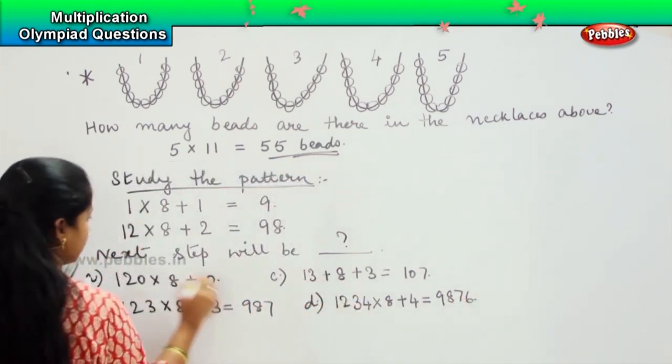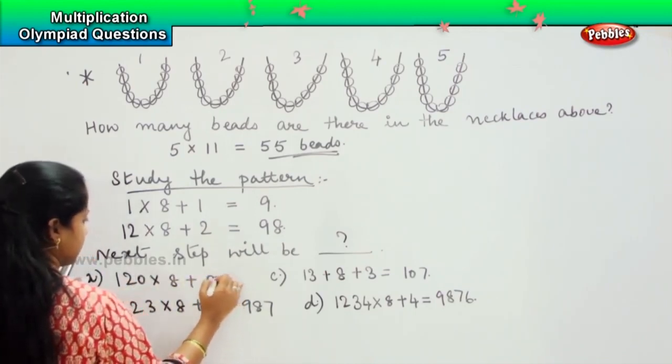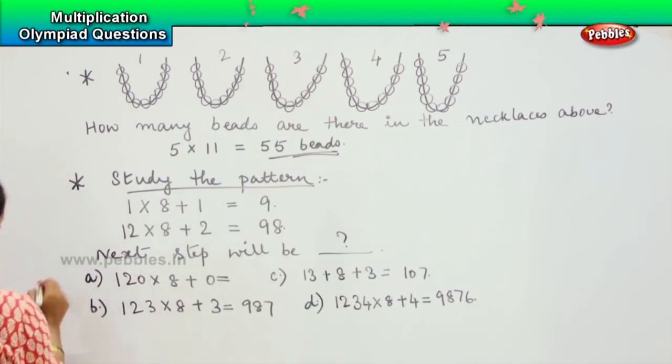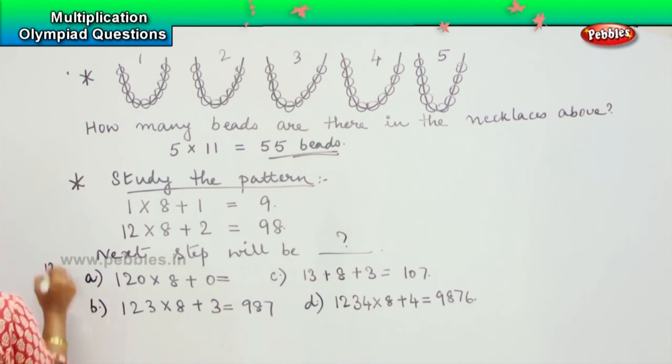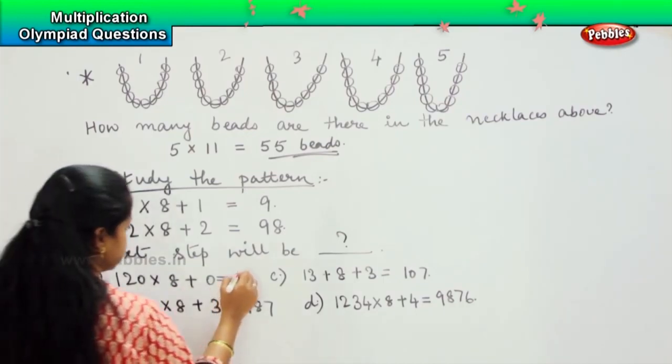Okay. So, shall we multiply this and see what is the answer? 120 into 8. So, 12 8s are how much? We'll multiply here and see. 12 into 8. So, 2 8s are 16, 1. 1 8s are 8, 8 plus 1, 9. Now, since it is 120, we'll put here 960. So, 960 plus 0 is 960.